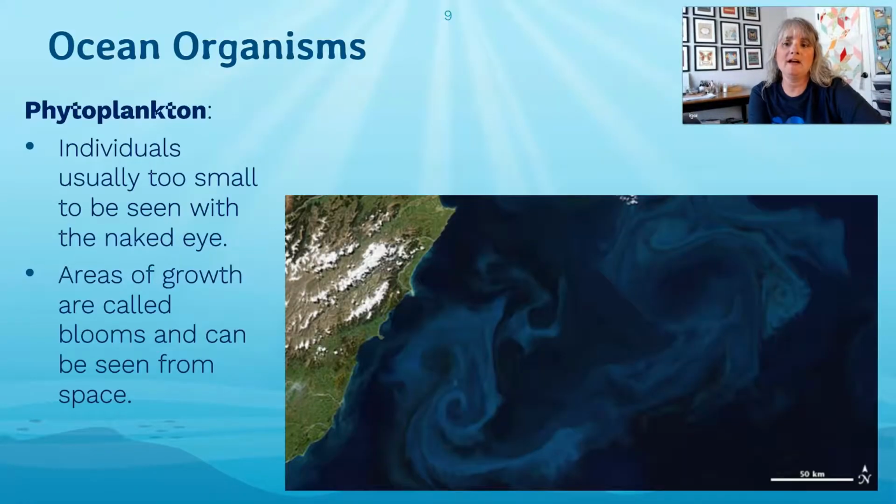Individual phytoplankton are usually too small to be seen with the naked eye, meaning you can't see them without a microscope, but they can grow in big areas called a bloom. These blooms can be seen from space, like these lighter areas. These are phytoplankton, but in a big group, you can see them.